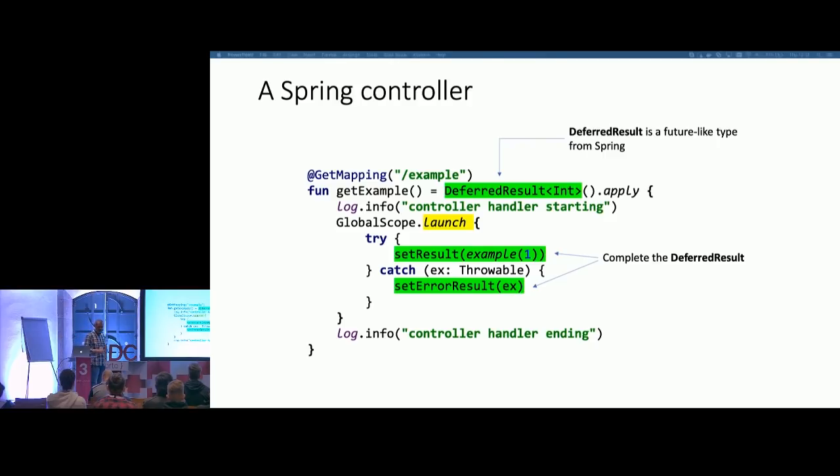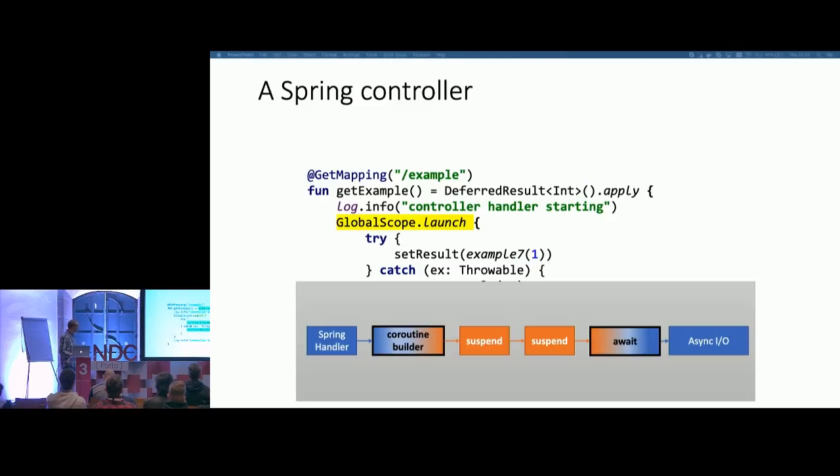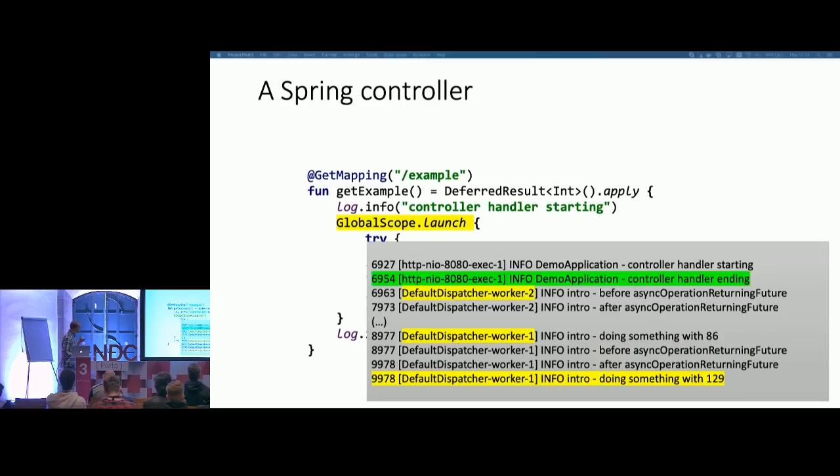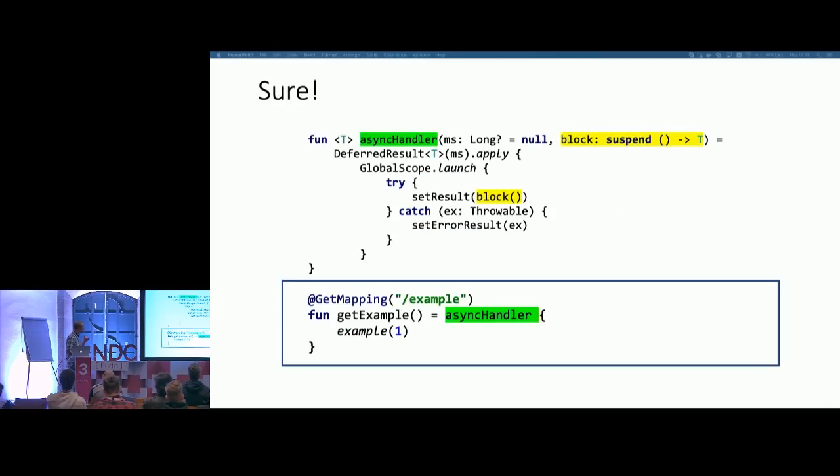Not pretty code. My logic is inside example1, and I have lots of noise around it. However, this is Kotlin, so it is easy to extract this into infrastructure code. Let me go here and create this. I created a function called asyncHandler that does this.